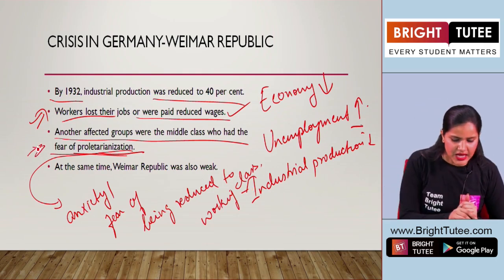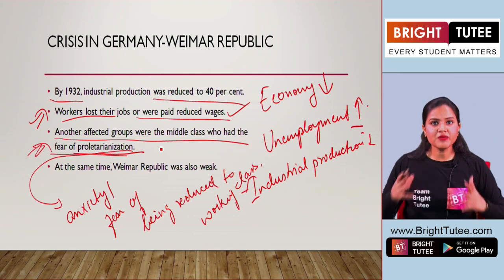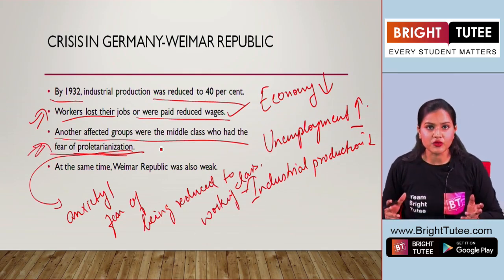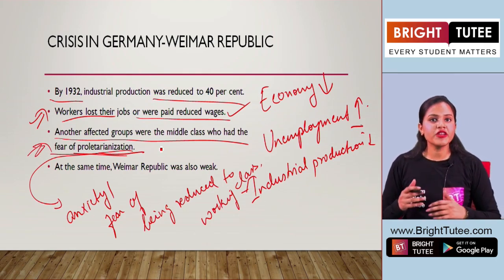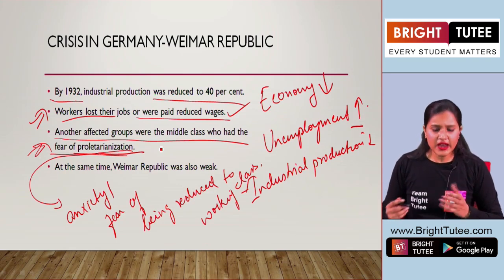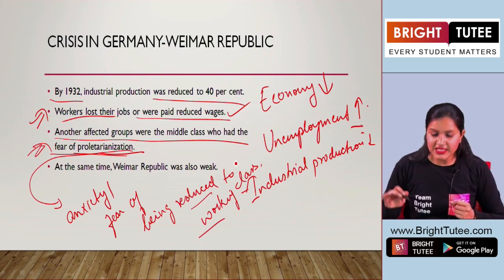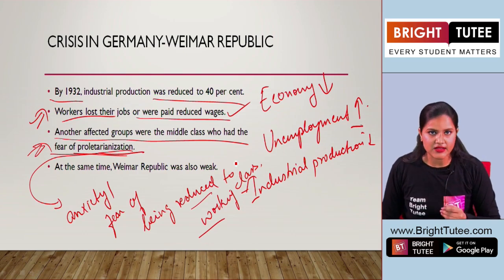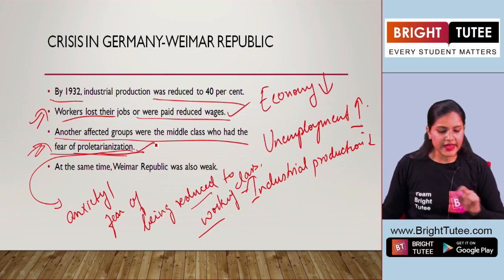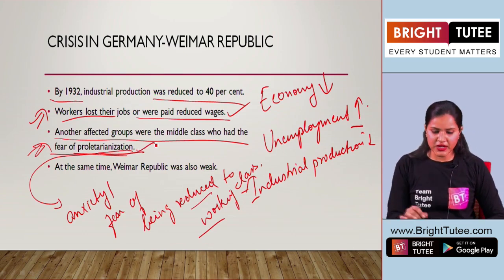So the middle class here was also very much afraid of this whole scenario. They felt that they were also not going to have a lot of money left, and they would be reduced to the status of the working class. So this was the fear in the groups of the middle class here.